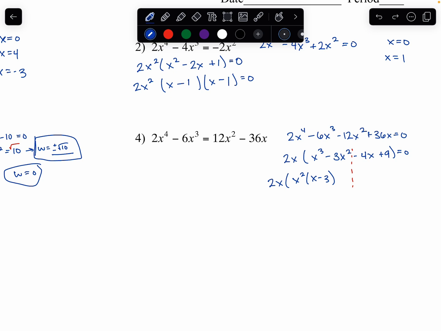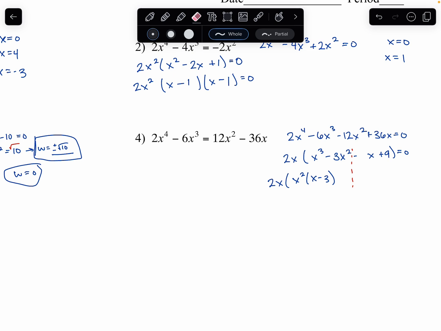So this right here might not be factorable. Yeah, the greatest common, so if I take out a 4 here, wait a minute, we took out a 2, right? So if we take out a 2, this becomes just x to the third. If I take out a 2 here, that becomes 6, not 4.